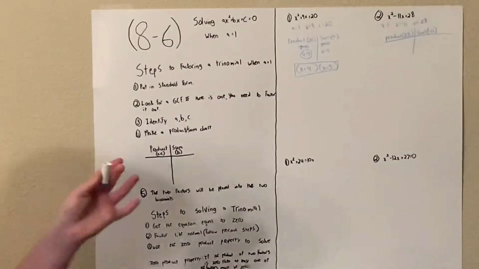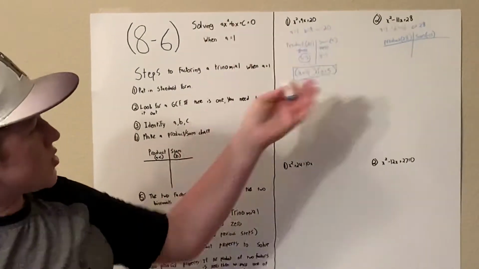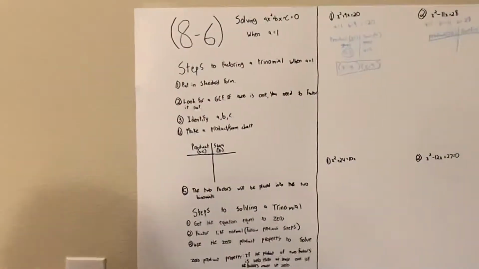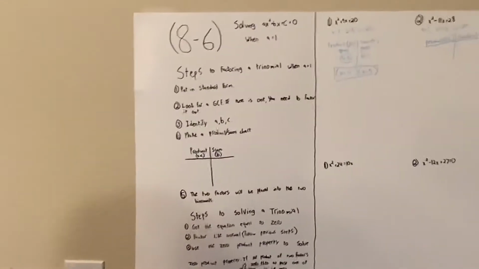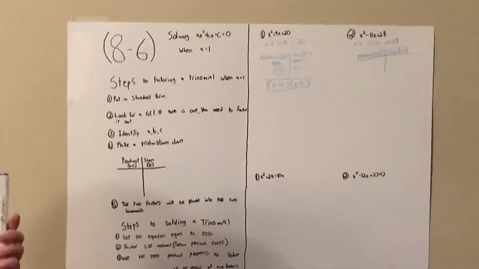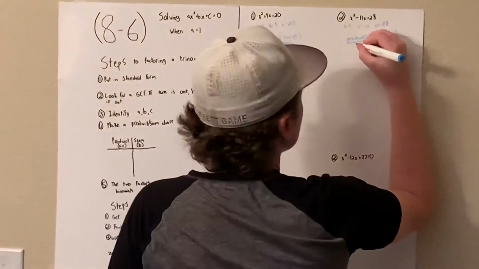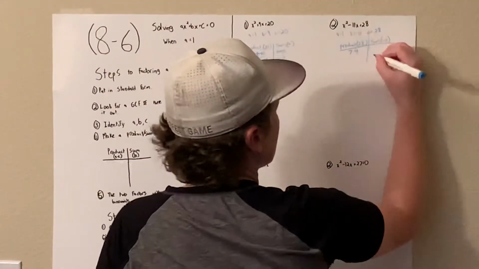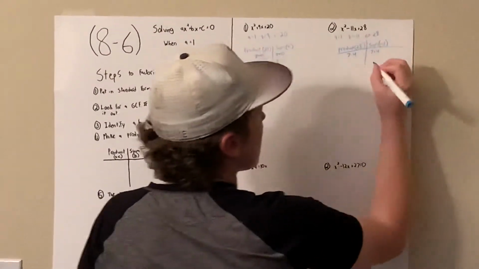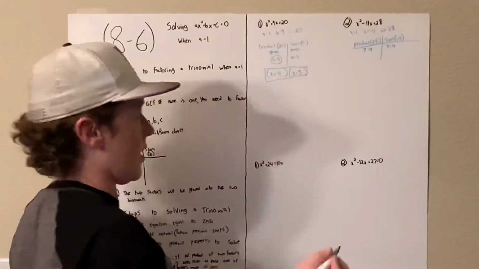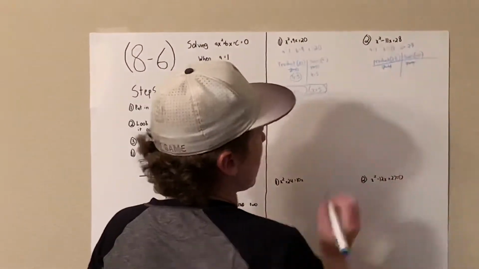And then you figure out what makes 28 in a product and what makes negative 11. Okay, so let's say 7 times 4. 7 times 4 equals 28. 7 plus 4 equals 11, not negative 11. So that does not work.